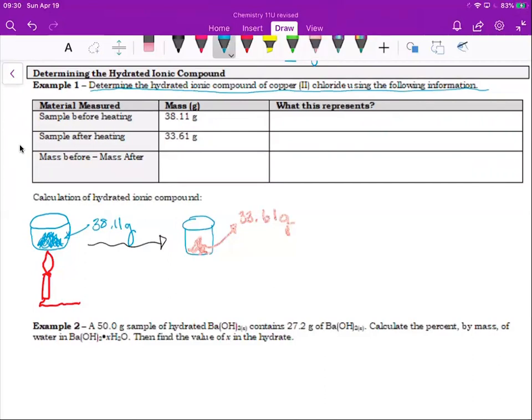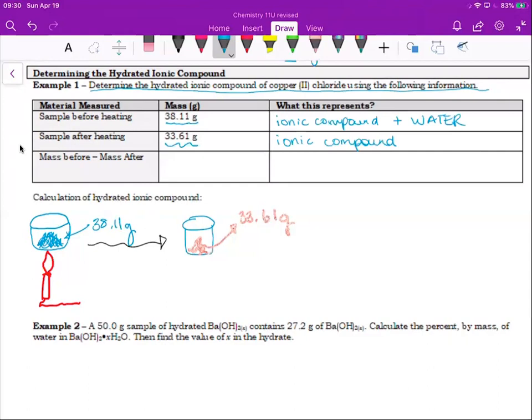The sample before heating, the 38.11 grams, represents the ionic compound plus water. And then the 33.61 grams represents just the ionic compound.